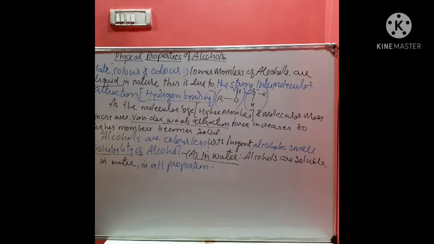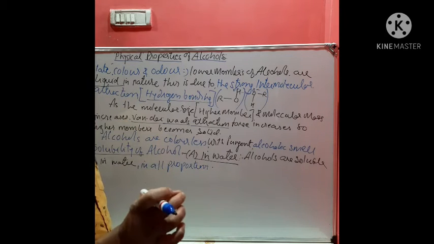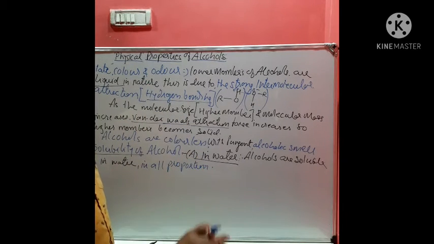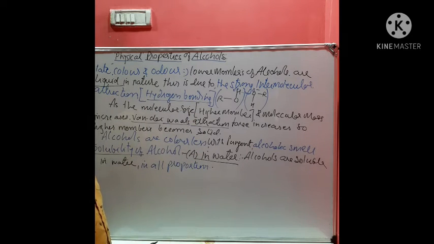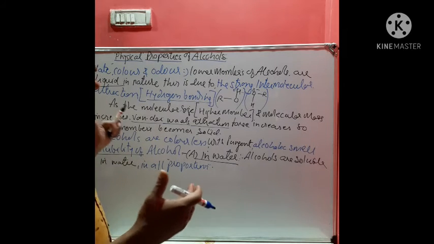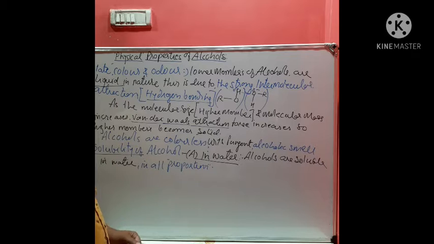That is, in 100 ml water, 10 ml alcohol can be dissolved, and in 10 ml alcohol and 100 ml water, again they can make a good and true solution. That means you can change the proportion of alcohol, increase it and decrease the proportion of water, or increase the proportion of water and decrease the proportion of alcohol, and in any way they dissolve. That is, they show very good solubility.